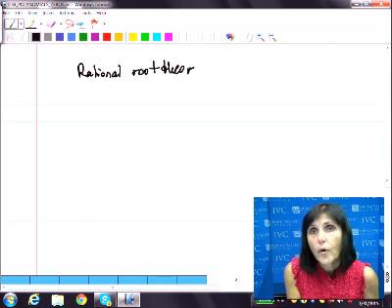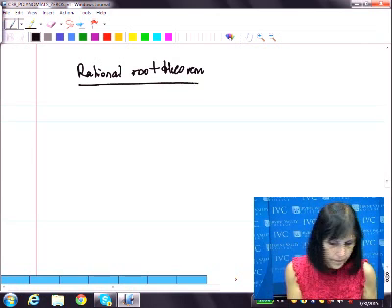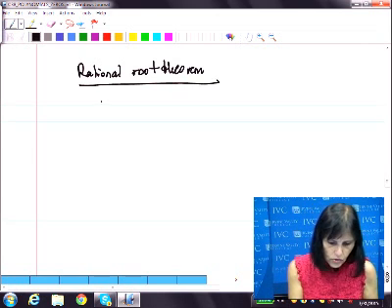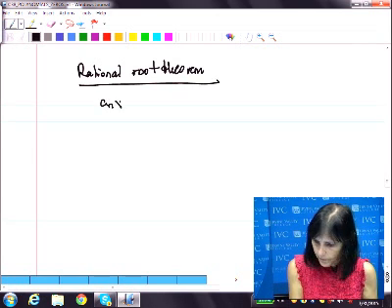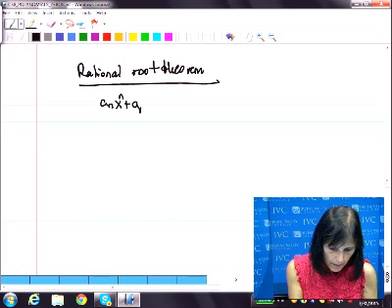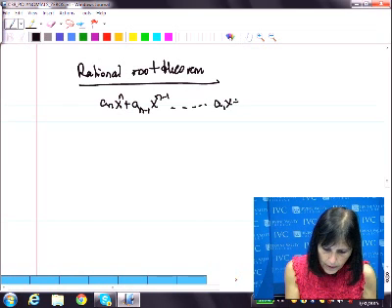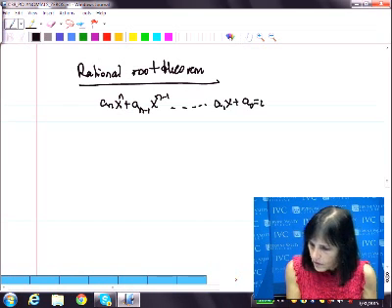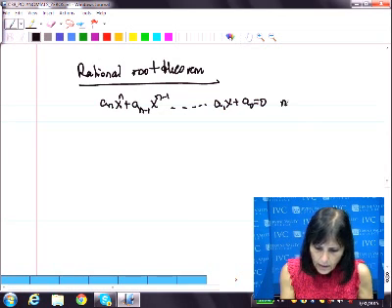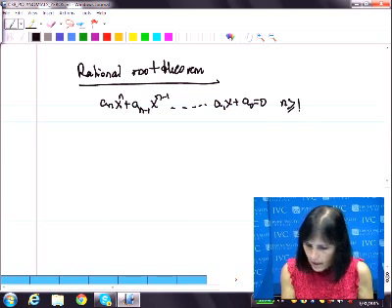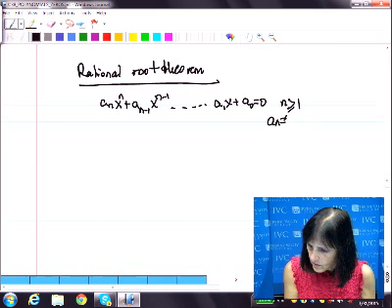Okay, and this is how it works. Okay, let's assume I have a polynomial, and it goes all the way down to a1x plus a0. And I'm looking for its roots. N is greater or equal to 1, and an is not 0.